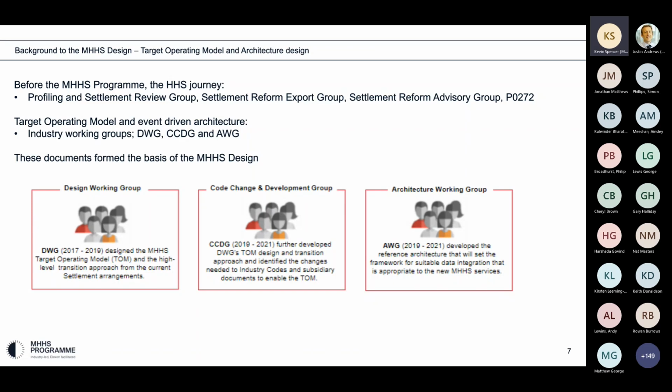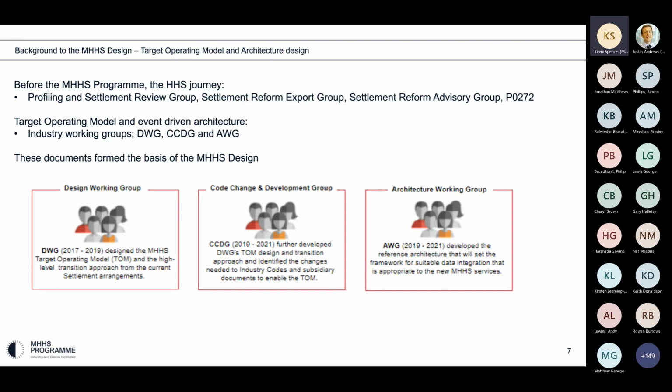So it's off the back of this that the settlement reform piece continued, and Ofgem then launched the design working group, which they tasked with developing the target operating model for market-wide half-hourly settlement, and that group started in 2017.